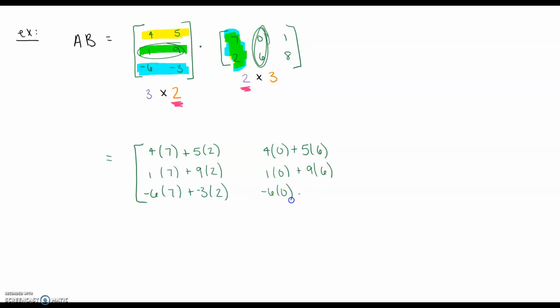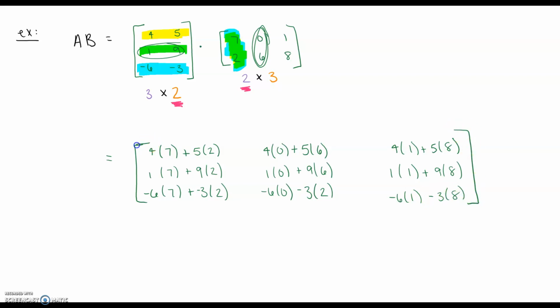Negative 6 times 0 minus 3 times 6. And then the last column: 4 times 1 plus 5 times 8. 1 times 1 plus 9 times 8. Negative 6 times 1 minus 3 times 8.